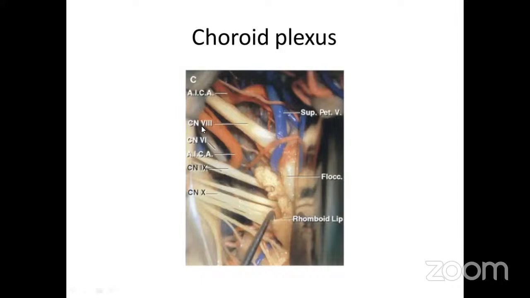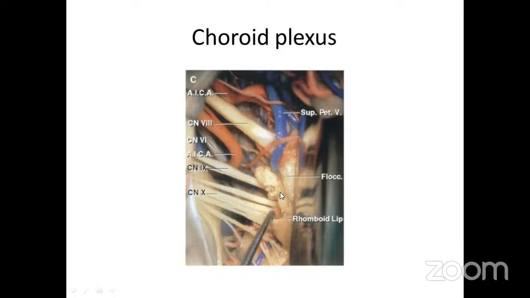Now here we can see the same complex, and this shows the relation of the choroid plexus with the middle and inferior complex. This is the flocculus, part of the middle complex, and this is the vestibulocochlear complex. Below the flocculus there is the foramen of Luschka, from where the choroid plexus arises.